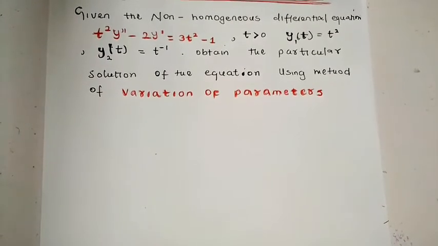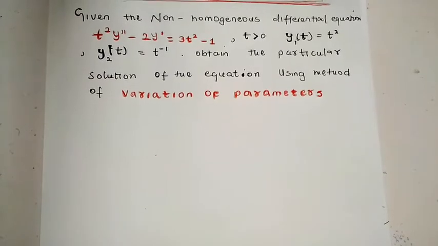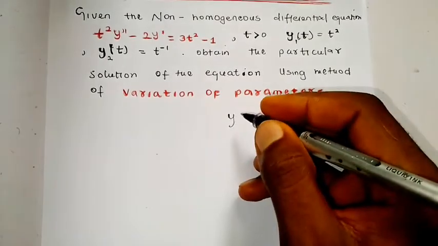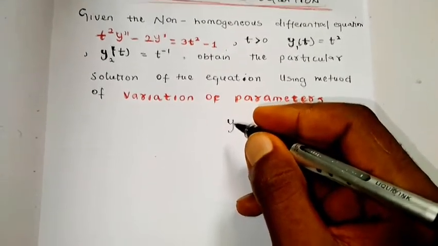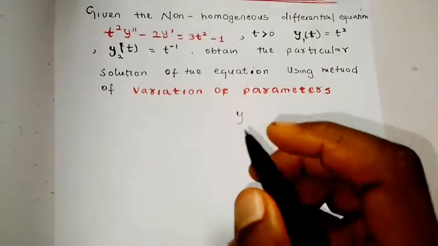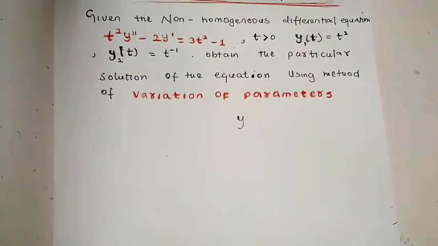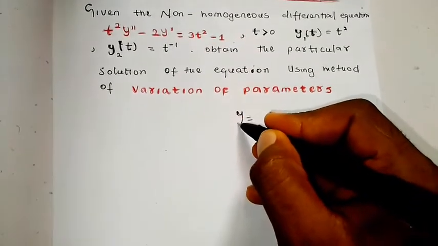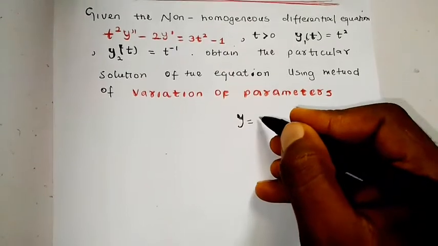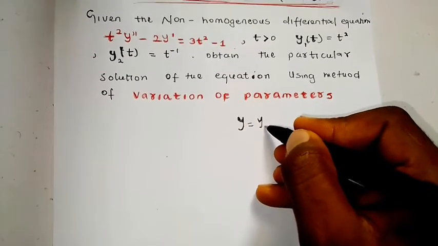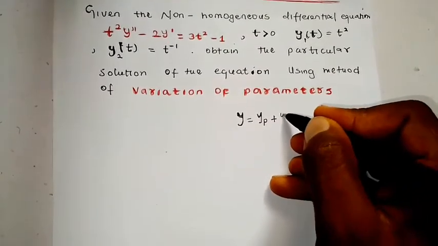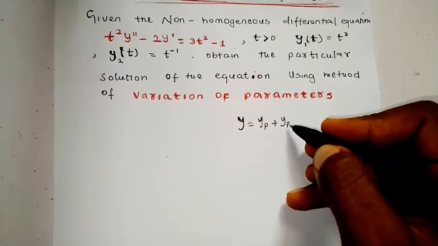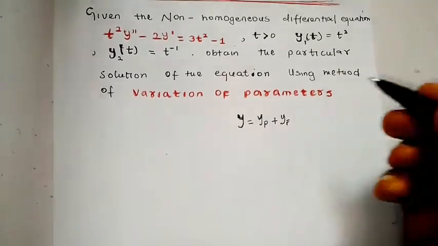The solution of that non-homogeneous differential equation, which is y, will be involving yp and yc. You can call this the complementary function. You can call this the particular solution.